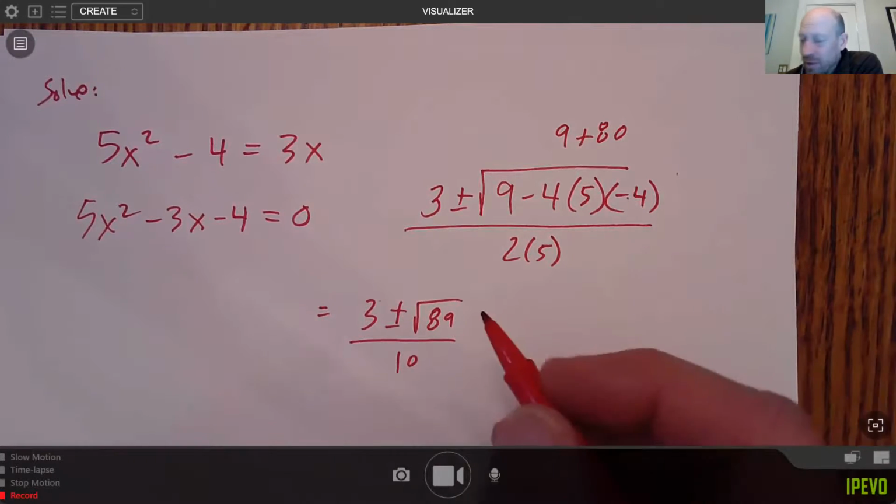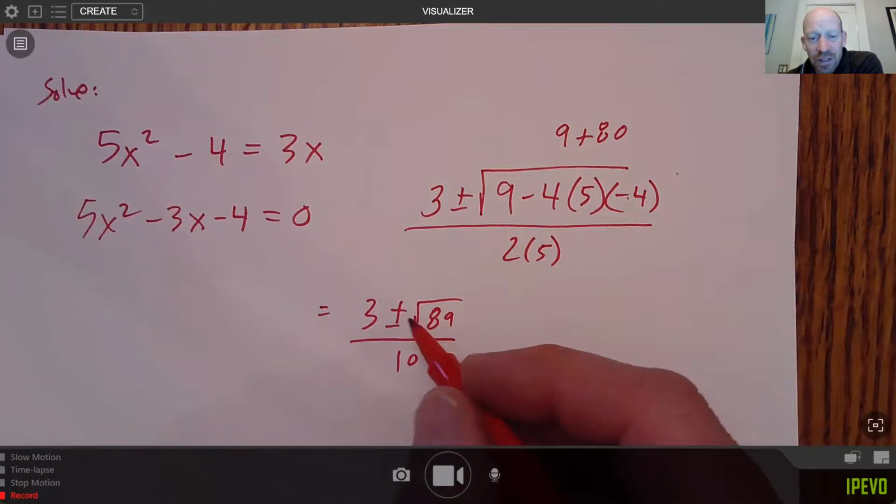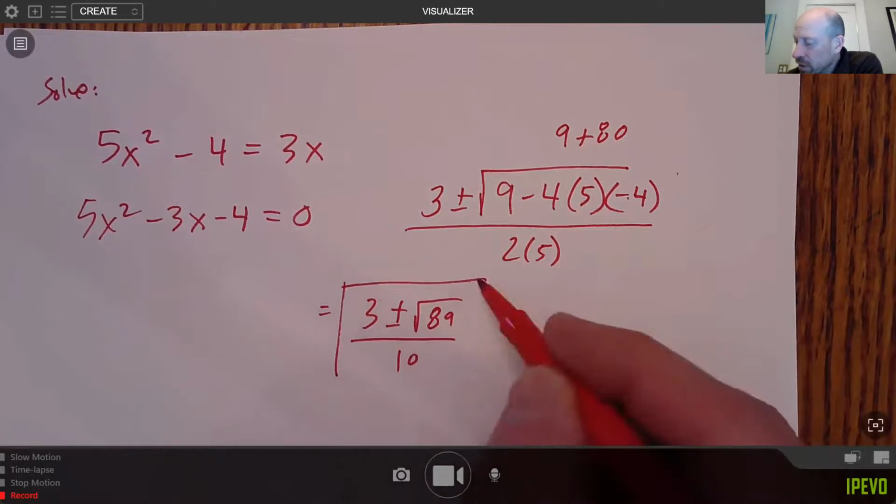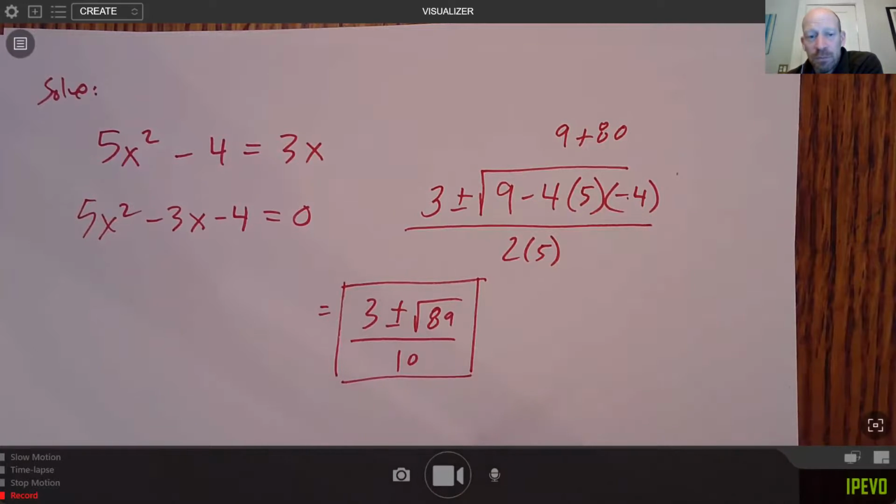There's no simplification of the radical, and I can't then cancel anything. So these are my two answers. Okay. Questions at all about that problem or using that process?